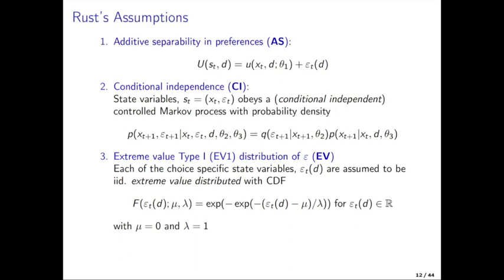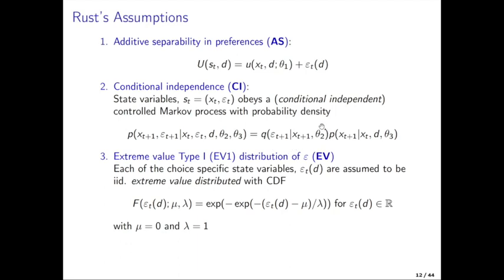Then there is the conditional independence assumption. What it says is that the state variables S, which factor into X and epsilon, obey a conditionally independent Markov process with this probability density. I mean, this is just reading from the paper. But what you should notice here is that we can separate this joint density into two that are conditionally independent.